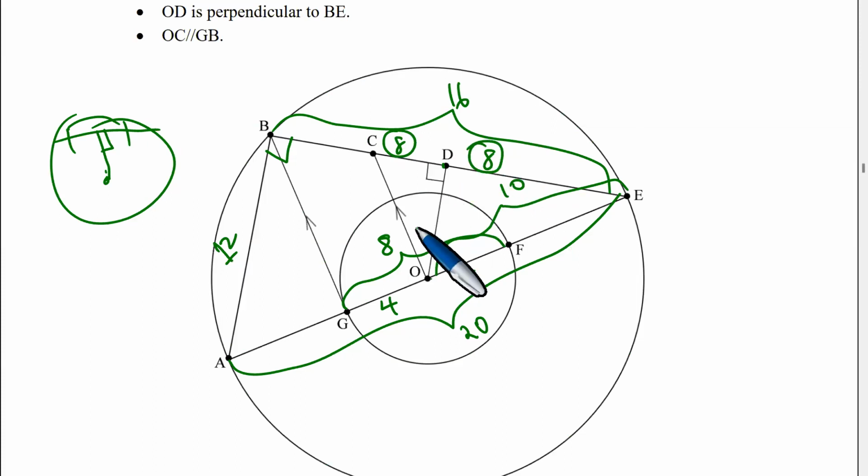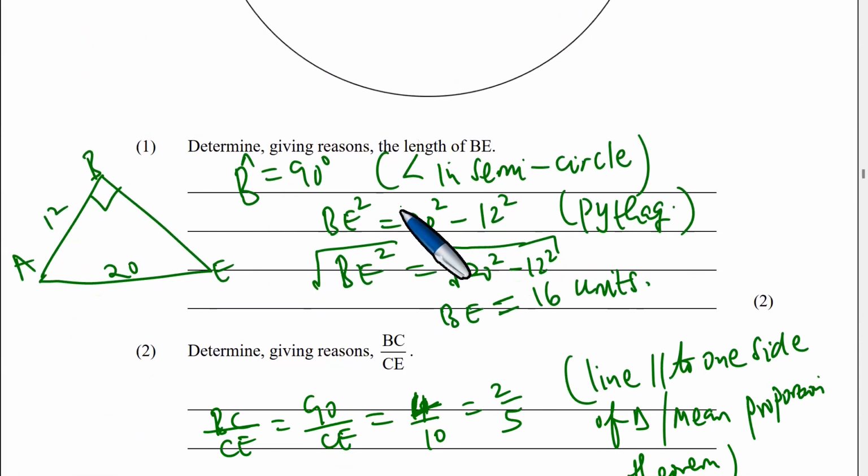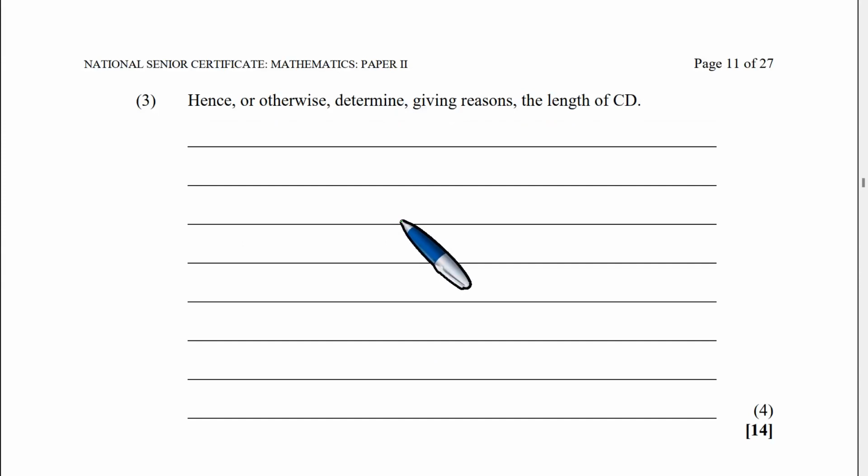So with 8 and 8, we have exactly that BD is 8 units. We write that down: BD is actually 8 units.